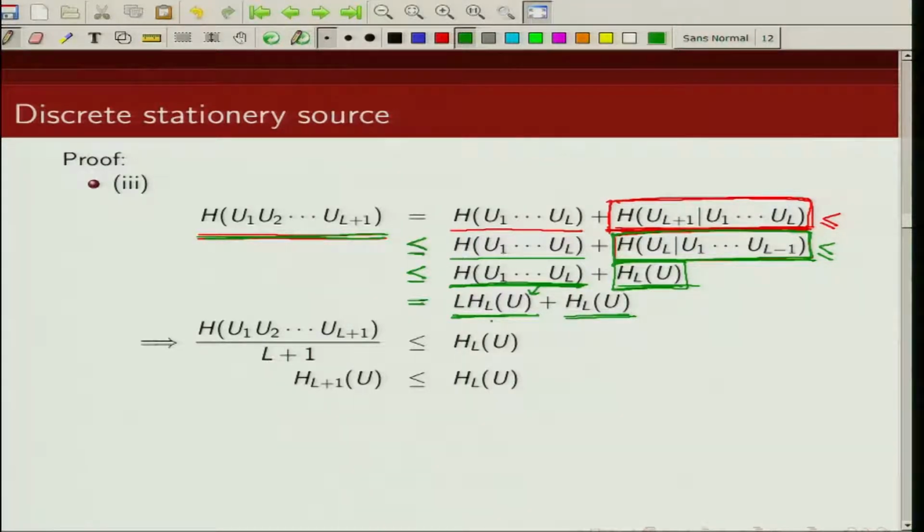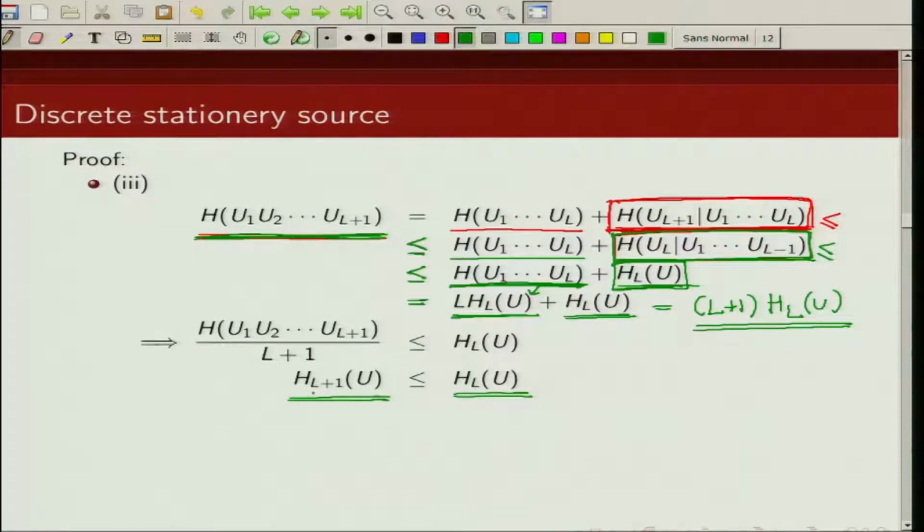So this is equal to L plus 1 times HL of U. So what we have shown so far is this joint entropy is less than or equal to L plus 1 times HL of U. Now you divide both sides by L plus 1, and what we get is H of L plus 1 U is less than or equal to this quantity.